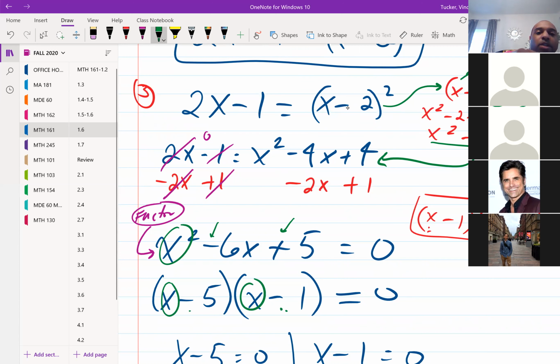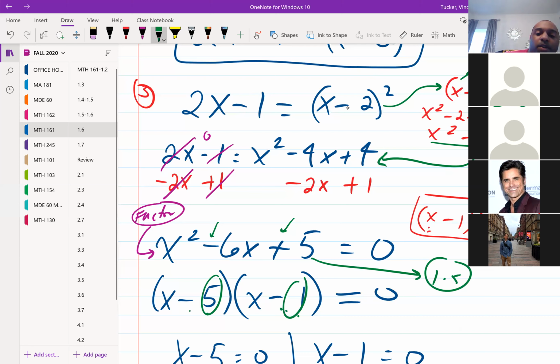And then you're looking at, how do we get 5 in the back? Well, we need our factors of 5. The only factors of 5 that we have are 1 times 5. And so if we were to put those in right there, then we can check it and make sure that we get -6 in the middle.